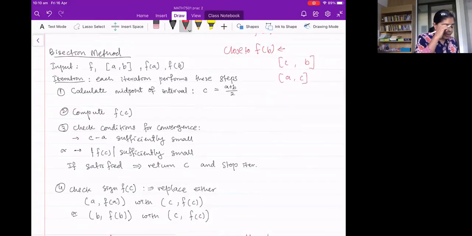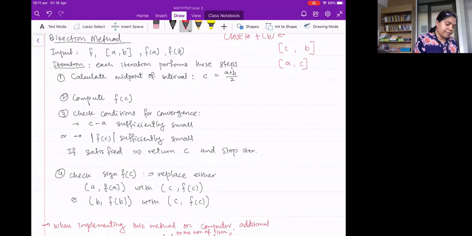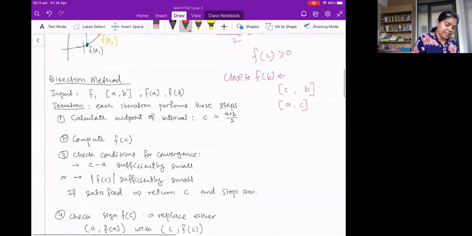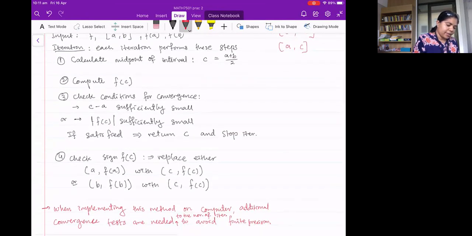Now, the algorithm requires input functions and the first interval and their values. And then at each iteration, it performs these steps: calculates the midpoint, which I just explained, computes f of c, and checks the conditions for convergence.